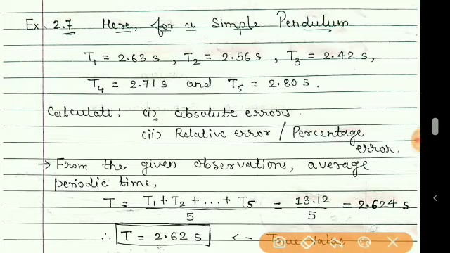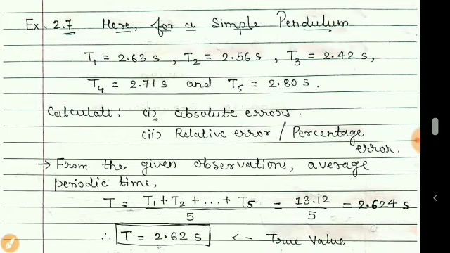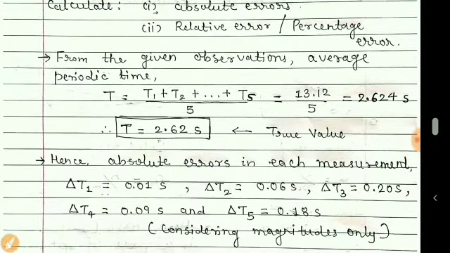Here I have mentioned these times as T1, T2, T3, T4 and T5. Now to find the absolute error, what is our process? First we will take the average of these observations, that is, the average of these 5 periodic times. So how can we take the average? That we know.